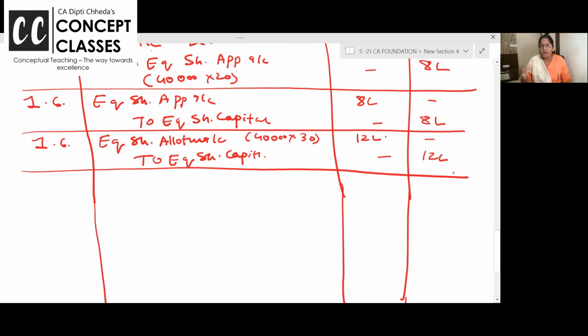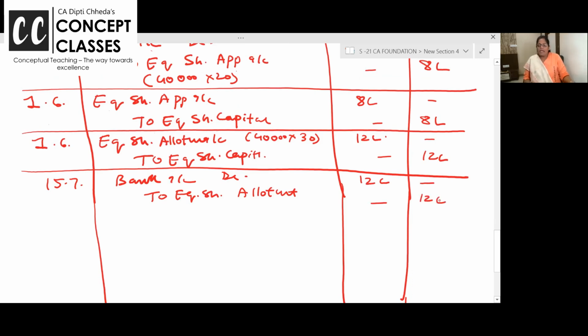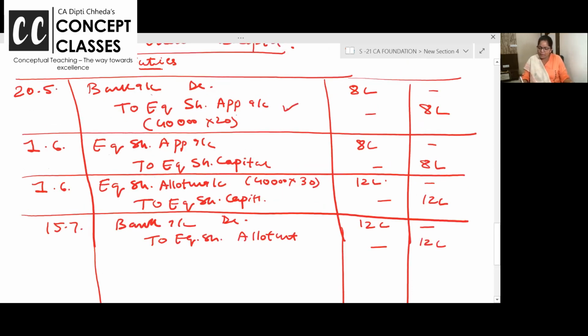Allotment is due on 1st June. We'll give them some days to pay. So they paid everything on 15th of July. Bank account debit to equity share allotment account. Are you getting one thing? Application is opened and closed. Allotment is opened and closed.